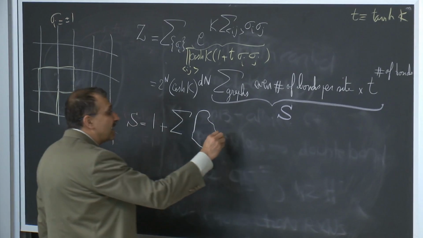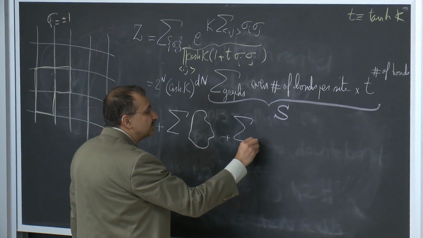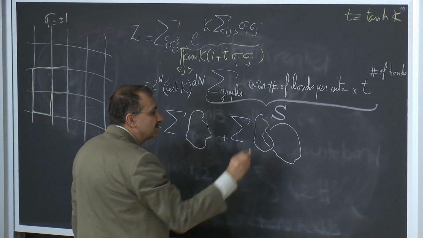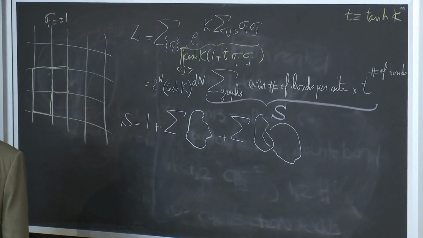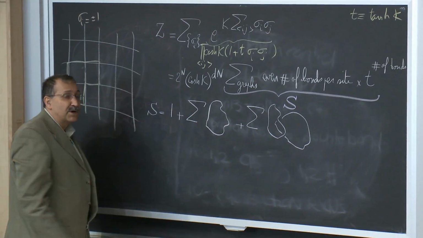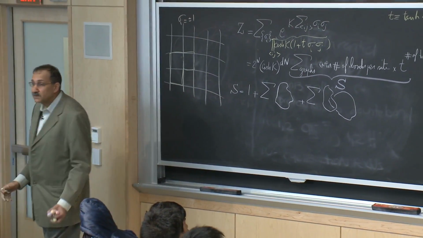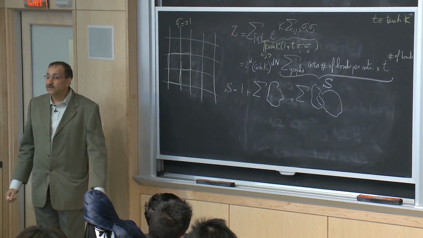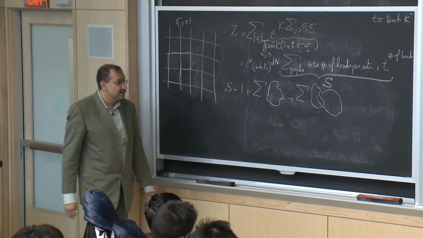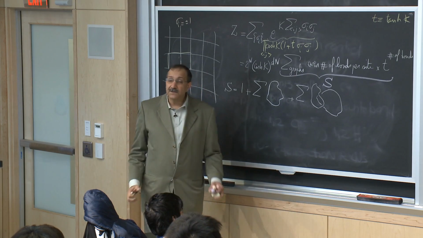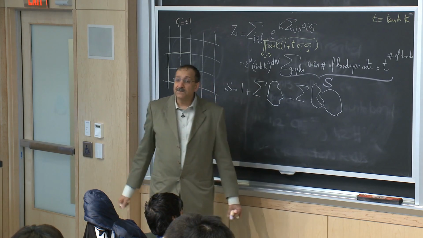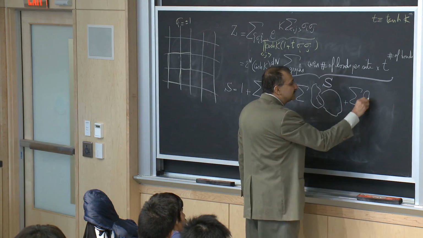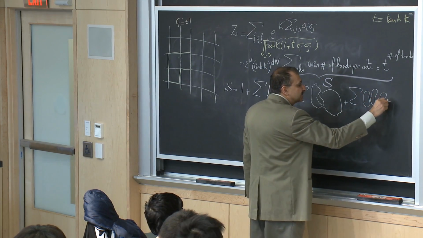But then I will have graphs that are composed of 2 loops, for example, that are disconnected. Since this can be translated all over the place, this would have a factor of n for a lattice that is large, forgetting side effects and edge effects. Once I slide these two with respect to each other, this would have a contribution of the order of n squared. And then I would have things that would be 3 loops and so forth.